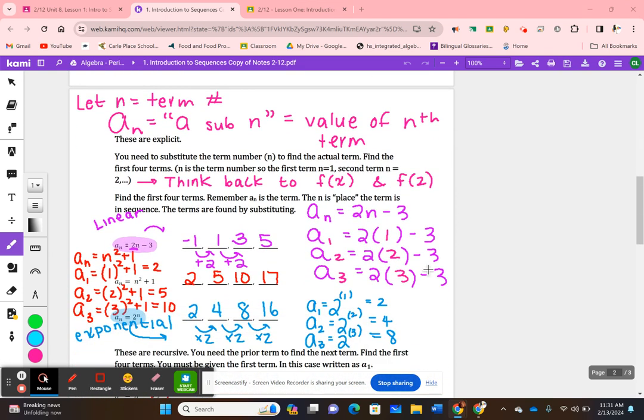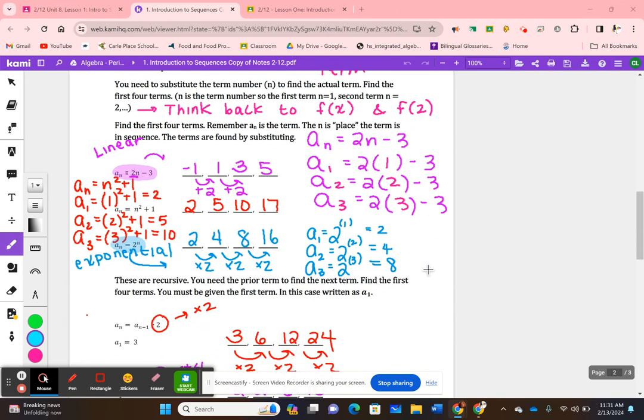Page 2 goes through some explicit formulas, and these you definitely have to know how to use. It really is basically just substitution. You can actually use the y sub 1 on your calculator to get the sequence. For the first example, which is in purple, you could type 2x minus 3 into your calculator, and then copy your list starting with 1, the first term.